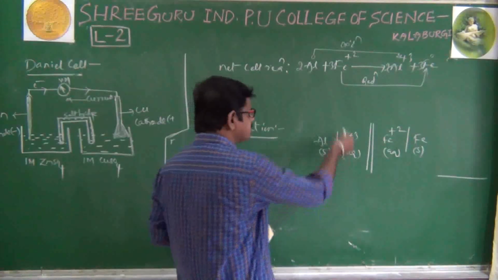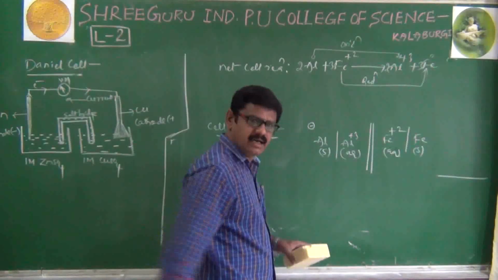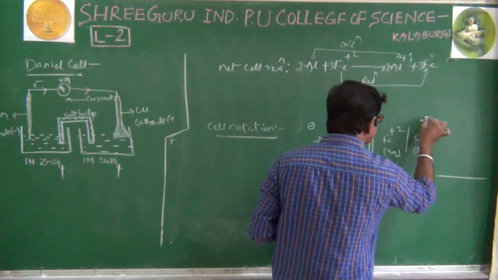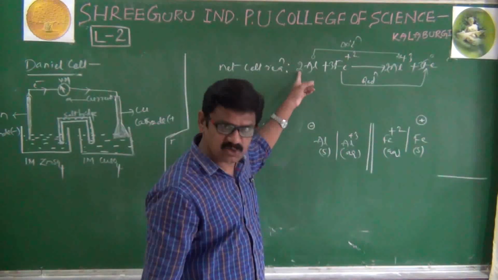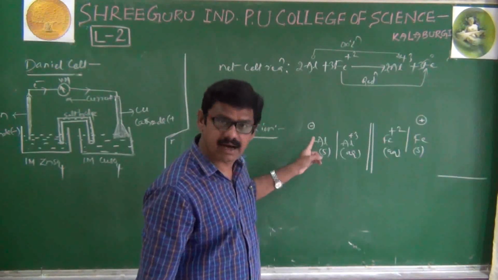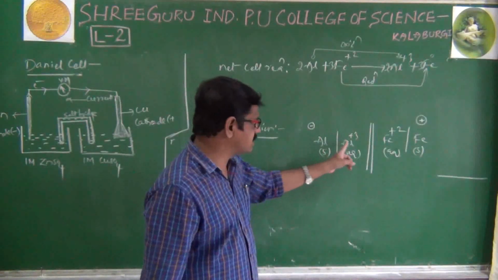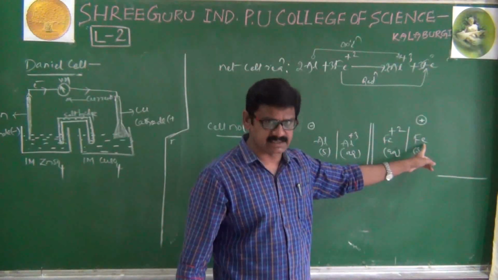Here it is undergoing oxidation, so the anode is designated with the minus sign, and the cathode, undergoing reduction, is designated with the plus sign. The number of moles, the stoichiometric coefficients, are not necessary to show here. Just aluminium has converted to Al plus 3 and Fe plus 2 has converted to Fe, that's it.